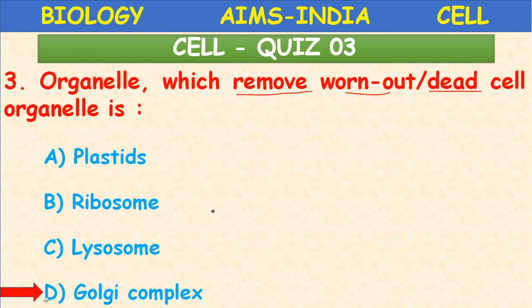Here the answer is wrongly marked. The organelle which removes worn out dead cell organelles is lysosomes. That's why lysosomes are called suicidal bags of the cell. So the correct answer is lysosomes.